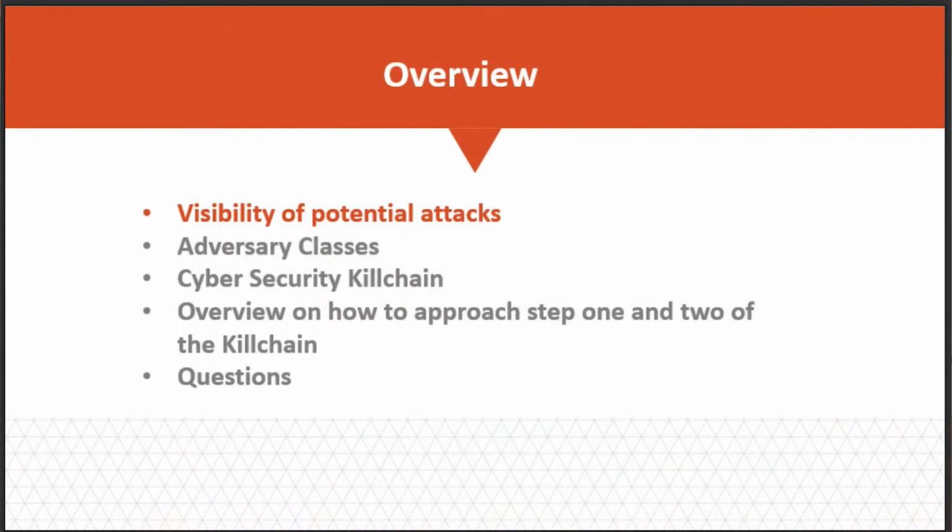So just going through the agenda today, we're going to be looking at the different types of attacks that you're going to be letting yourself in for, and what your business is going to become under attack. The types of adversary classes. We're going to have a quick look at the cyber security kill chain, and then we're going to do an overview on how we're going to approach prevention and mitigation against these types of attacks.